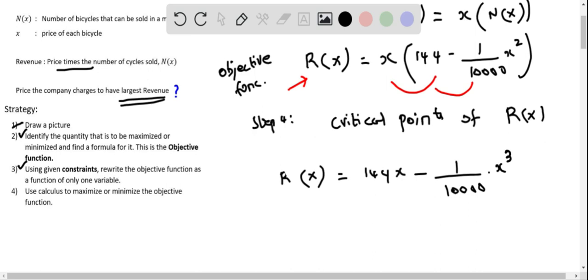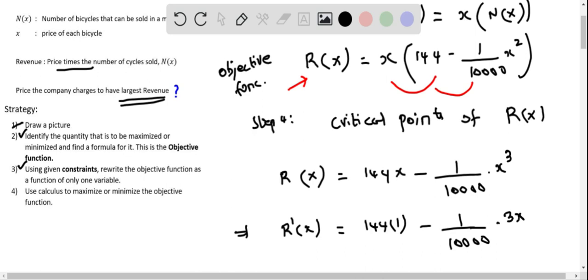So this is the simplified R of x. Now let's find the derivative. R prime of x equals 144, with the derivative of x being 1, minus 1 over 10,000 times the derivative of x cubed, which is 3x squared using the power rule. So this is what we get.